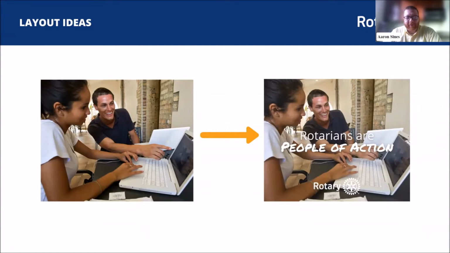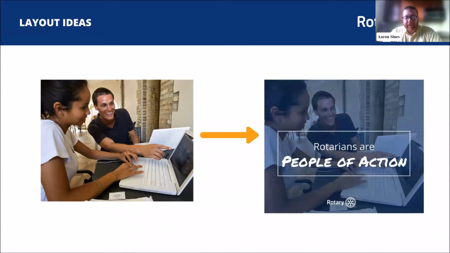But if not, just go to Rotary.org and the brand center, and you can find pictures of other clubs and people doing service and people of action things like we're supposed to do. Anyway, for this image, we simply added the text and logo, and you can also reduce the transparency a little bit to make the words stand out just a little bit more.